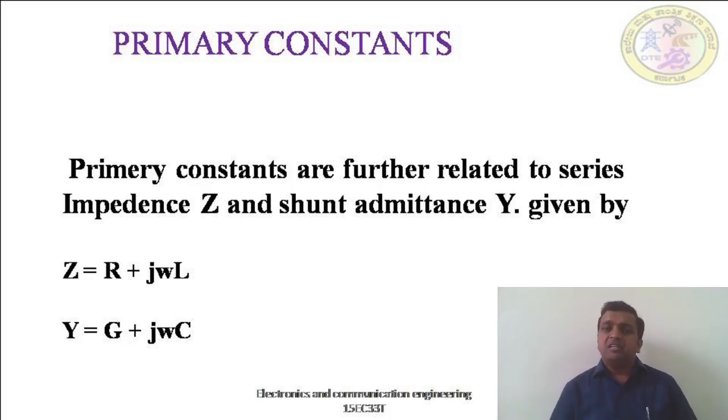In the same fashion, I can conclude for G and C in terms of Y or shunt admittance. Shunt admittance is given by G plus j omega C, where G is conductance, j is a complex quantity or root of -1, omega is equal to 2 pi f, and C is capacitance in farads.